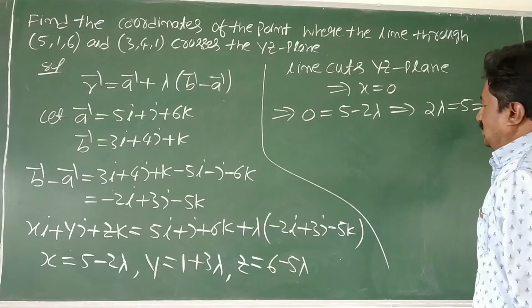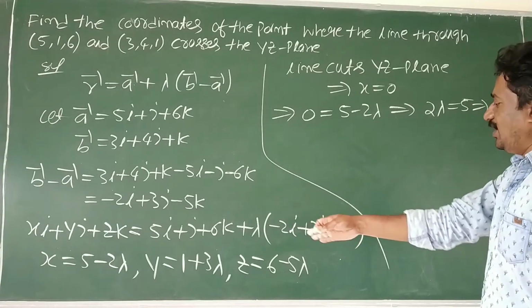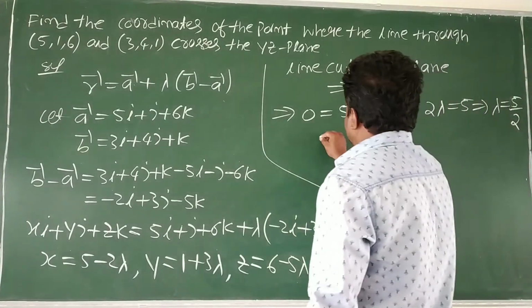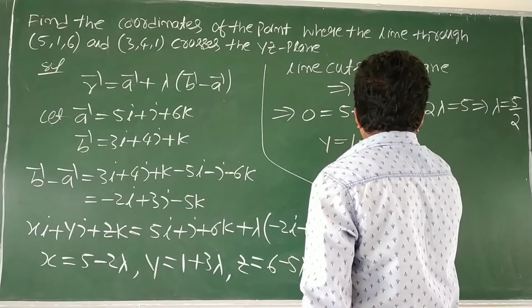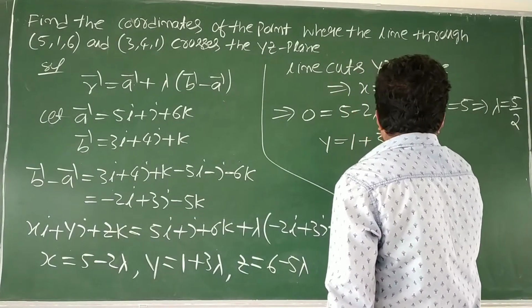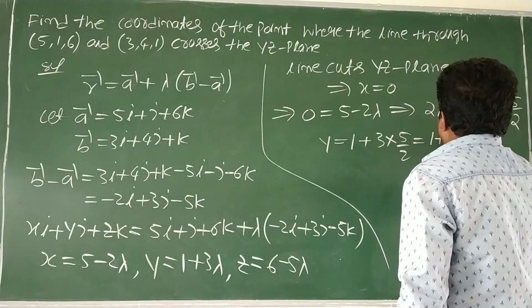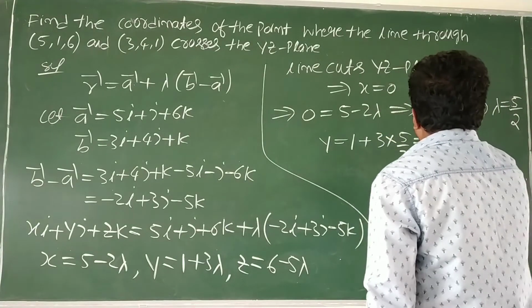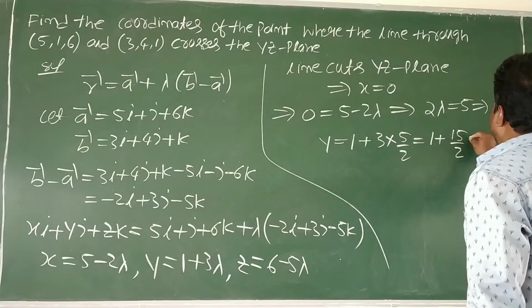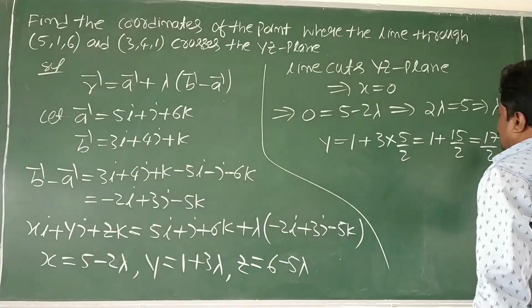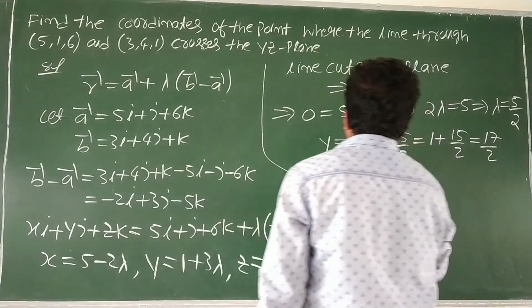So substitute lambda value in y and z. So y is equal to 1 plus 3 into lambda, lambda is 5 by 2. 1 plus 15 by 2. So LCM, 15 plus 2, 17 by 2. So next, calculate z value.